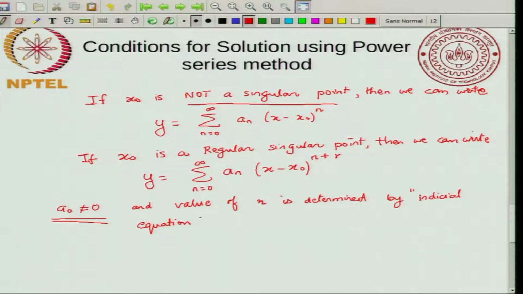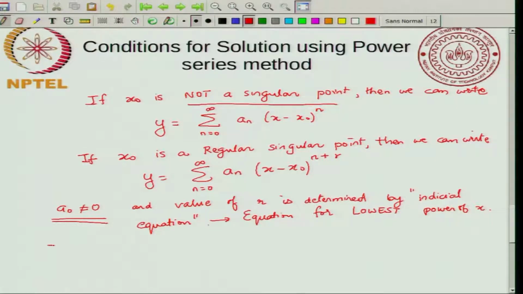We'll see this through an example. The indicial equation is basically the equation for the lowest power of x. If n equals 0, it will be x raised to r; if you have n minus 1, you might have a term with r minus 1, and so on. The lowest power of x gives the indicial equation.